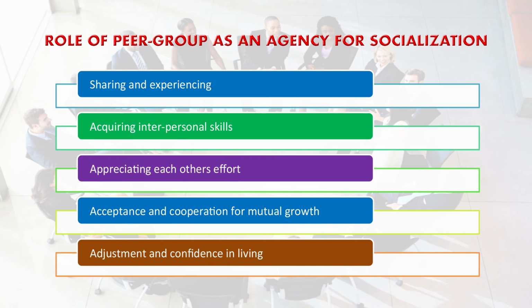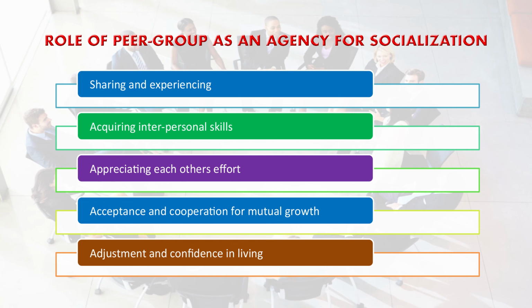So how to appreciate others when they are doing good work, and our every effort is to learn certain things, to imitate and learn the good work done by others, and for acceptance and cooperation for mutual growth. How to accept and cooperate with each other for each other's development, for mutual growth, and further, adjustment and confidence in living.